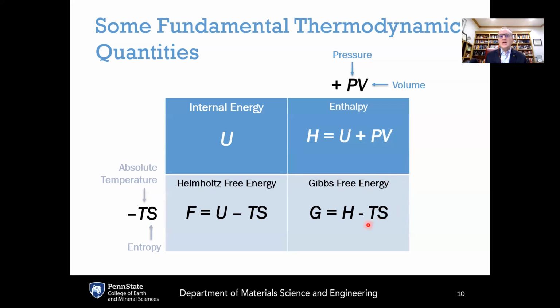But most of the time, in a practical sense, most of our experiments that are done as material scientists are done under constant pressure conditions rather than constant volume conditions. And therefore, the quantity that is most relevant for us is usually the Gibbs free energy.